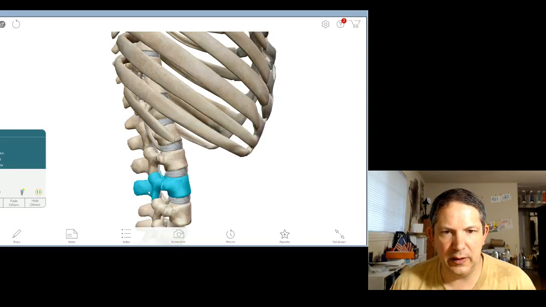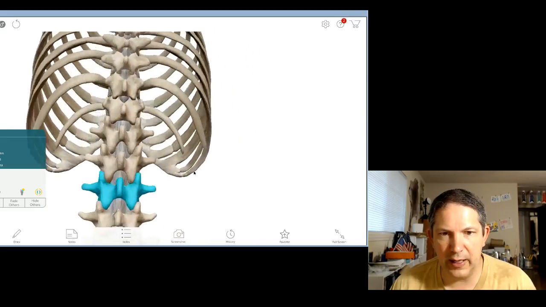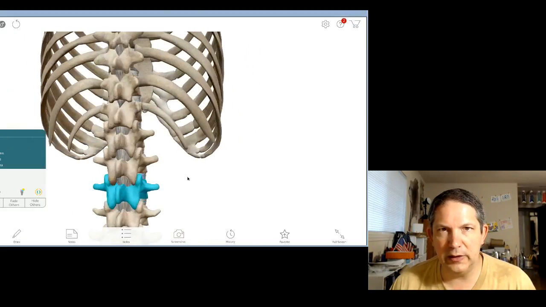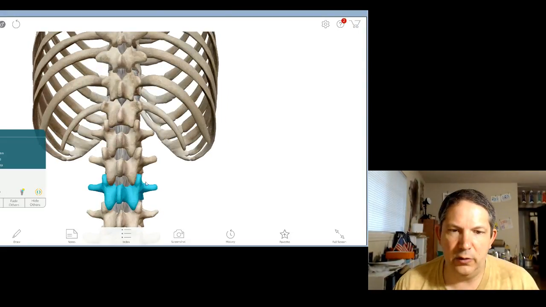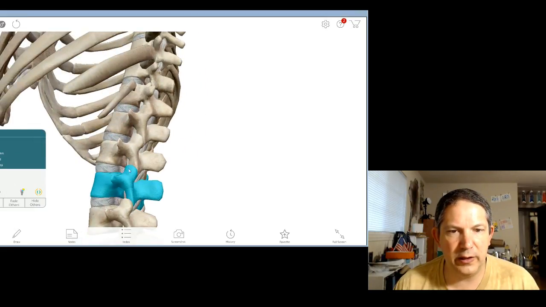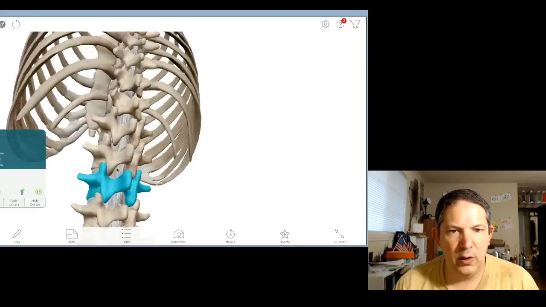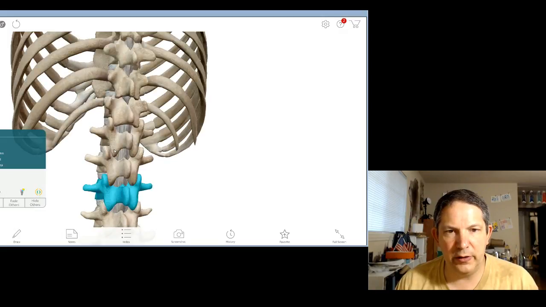It just exists because there's space between the bones, how the bones stack onto each other. And you can see that the vertebrae interlock, and so there are some articular processes. So the superior articular process of one vertebrae will interlock with the inferior articular process of the one above it. So superior, inferior, and that continues.